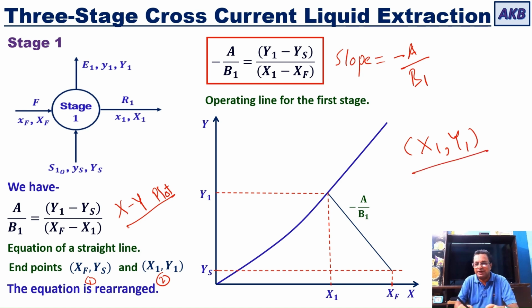By plotting the operating line for stage 1, we are getting the point where the operating line intersects the equilibrium curve, and that point has coordinates of X1, Y1. So I hope it is clear to you how to plot the operating line for stage 1.